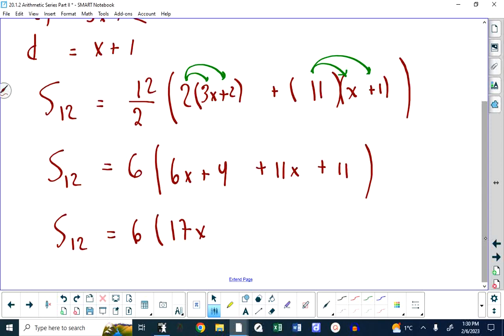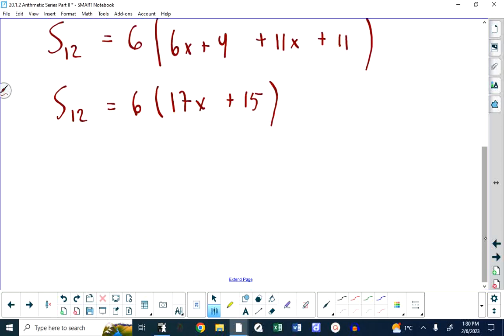Instead of writing 4 plus 11, you can write 15. I've been on autopilot here for the past minute or two. Those numbers look okay? Do you know what I mean by autopilot? Sometimes I just get going and I'm not even thinking about it.